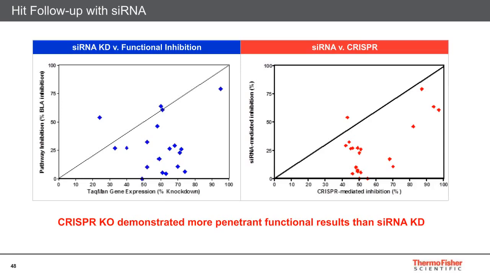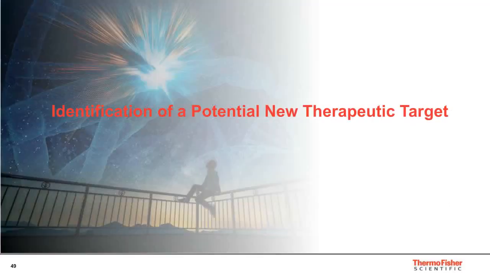Whereas some of the other ones are really subtle or do not show up in siRNA: the ones around that 50% mark in the CRISPR screening are really, really low in the case of siRNA-mediated inhibition. So these could have been easily missed in a siRNA screen, but the CRISPR screen picks them up, indicating that the CRISPR knockout is more penetrant as compared to the siRNA knockdown.